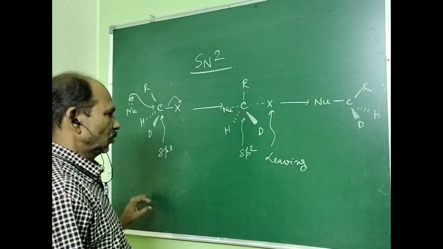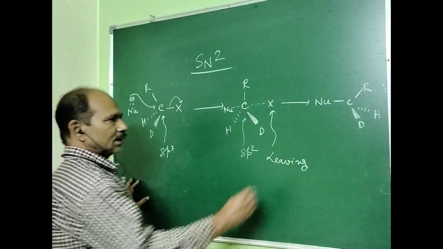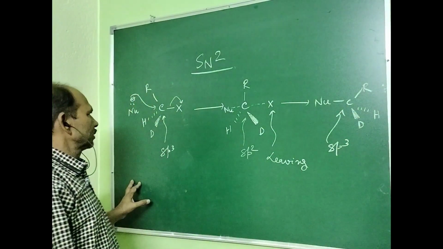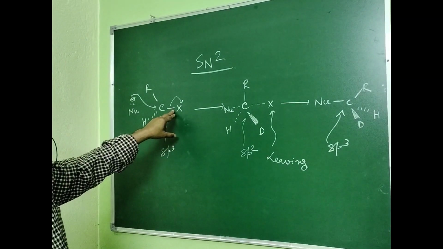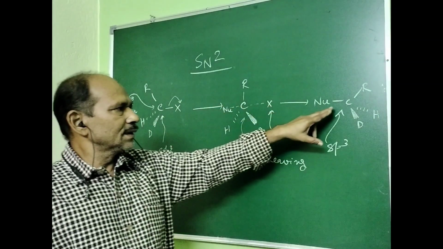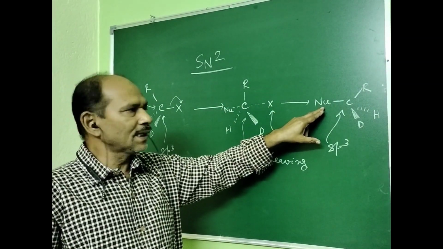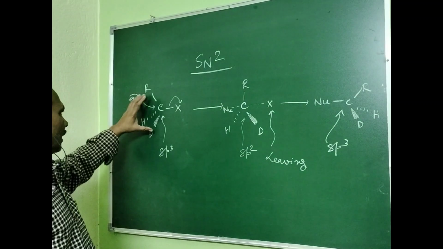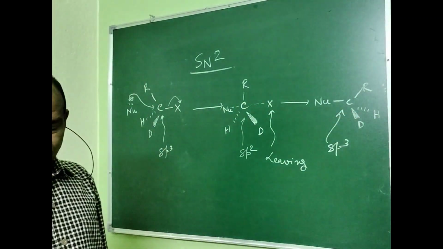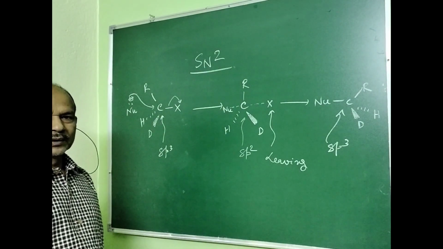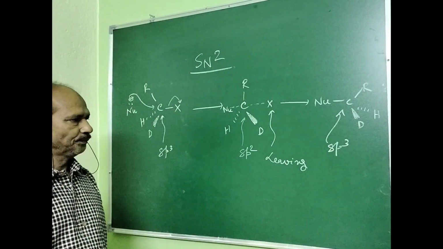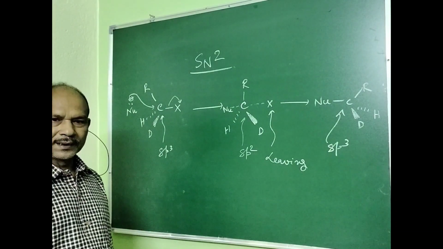So in that case, this is also an sp3 carbon. You see here the halogen atom is on the right side, and in the product the nucleophile is on the left side, and the stereochemistry is completely reversed. So in the case of SN2 substitution, the stereochemistry will be completely opposite compared to the reactant.